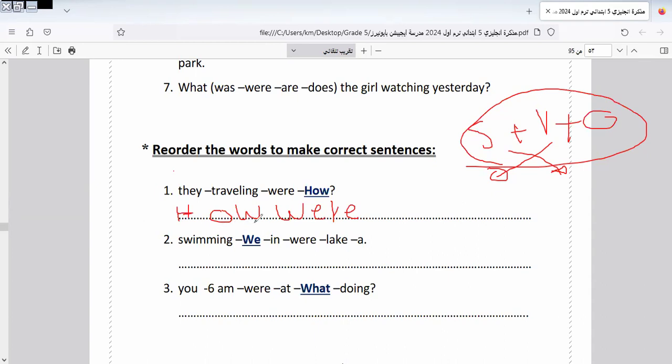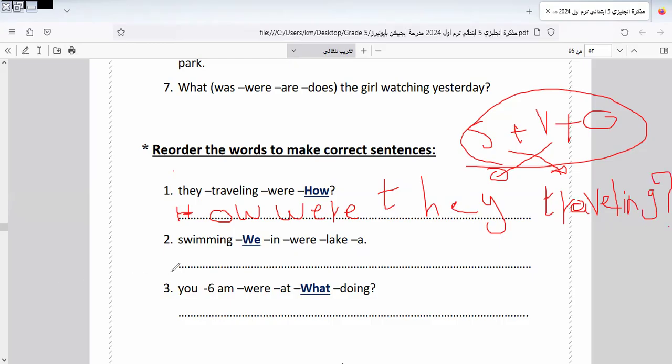And I would like you to pay attention: if you have a question, you must put the question mark at the end of the sentence. If you forget the question mark, it will be minus half a mark. You must know this. So it will be how were they traveling? And I put the question mark at the end of the sentence.